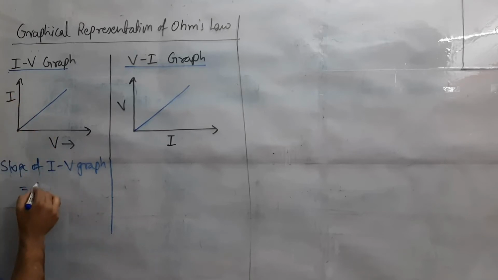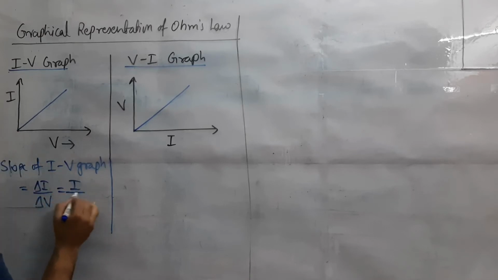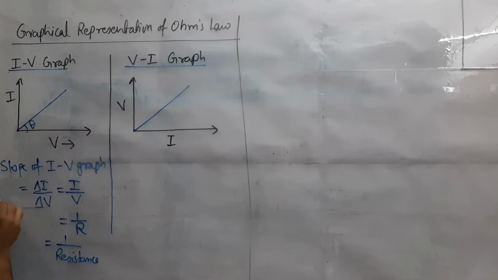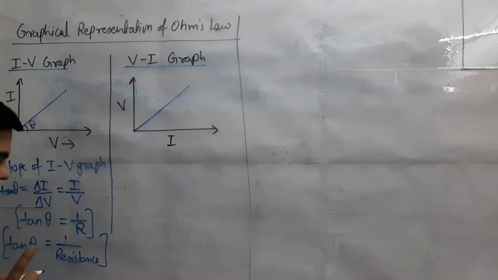That will be in the form of delta I upon delta V, which, initially at 0, could be I upon V, and hence it is 1 upon R. That means 1 upon resistance. If this is the angle theta, then the slope can be written as tan theta. So tan theta here will be 1 upon R, that means 1 upon resistance. So here we can say greater the slope, lesser will be the resistance.